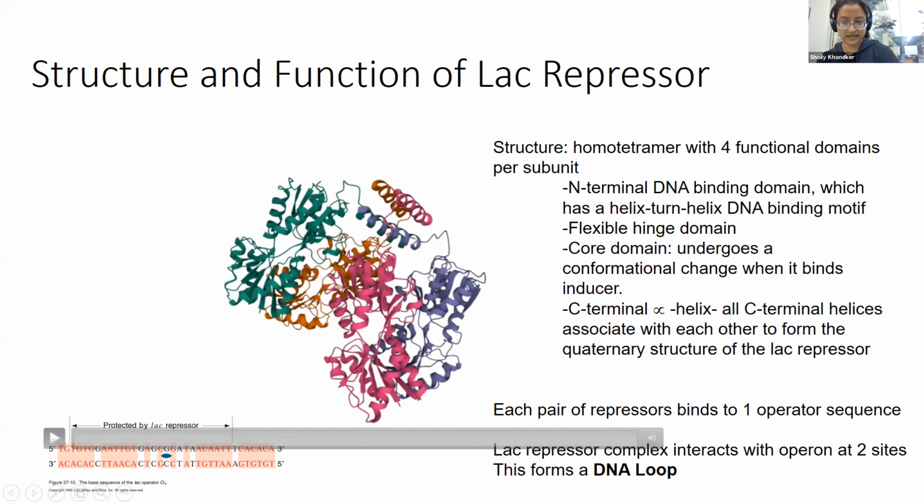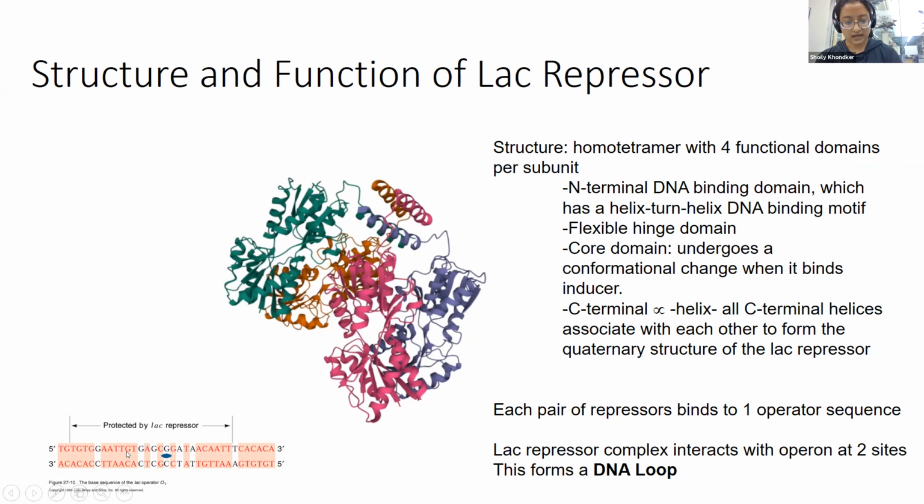It has a flexible hinge domain, a core domain, and the core domain is what undergoes conformational change when it binds the inducer, which is allolactose in this situation. And there's a C-terminal alpha helix, and for all 4 of the subunits, the C-terminal alpha helix will associate with each other, and that is how the quaternary structure of the LAC repressor is generated.